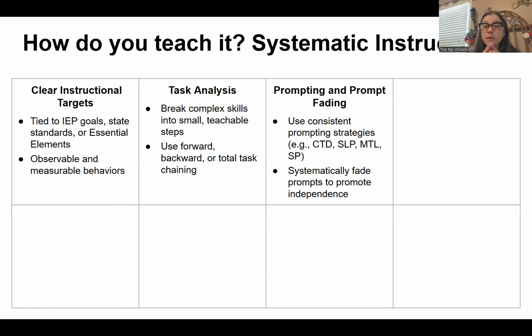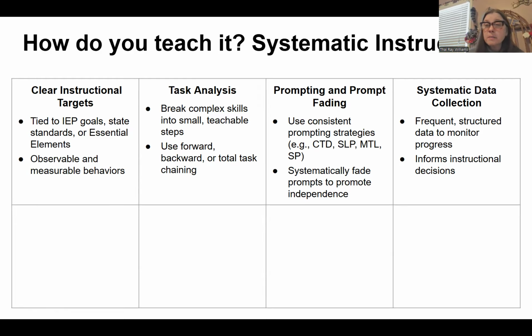You're going to have prompting and prompt fading. You all should feel really comfortable with this now. So you're going to use some kind of consistent prompting strategy. And here you go. These are the strategies that we were talking about. Things like constant time delay, system of least prompts, most to least prompting, simultaneous prompting. And then you're going to systematically fade those prompts out because our ultimate goal is student independence.